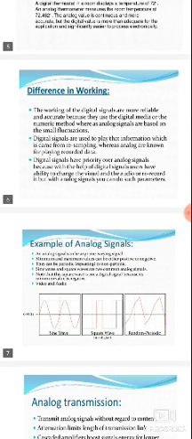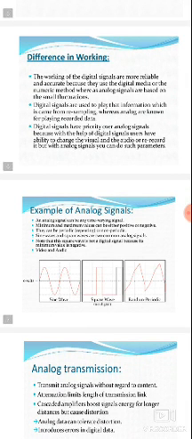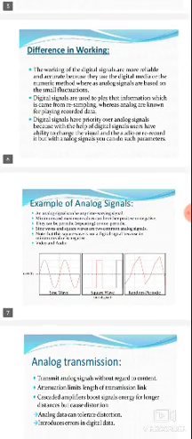Analog signals occupy an infinite number of levels. Digital signals are used to play information that came from resampling, whereas analog signals are known for playing recorded data.